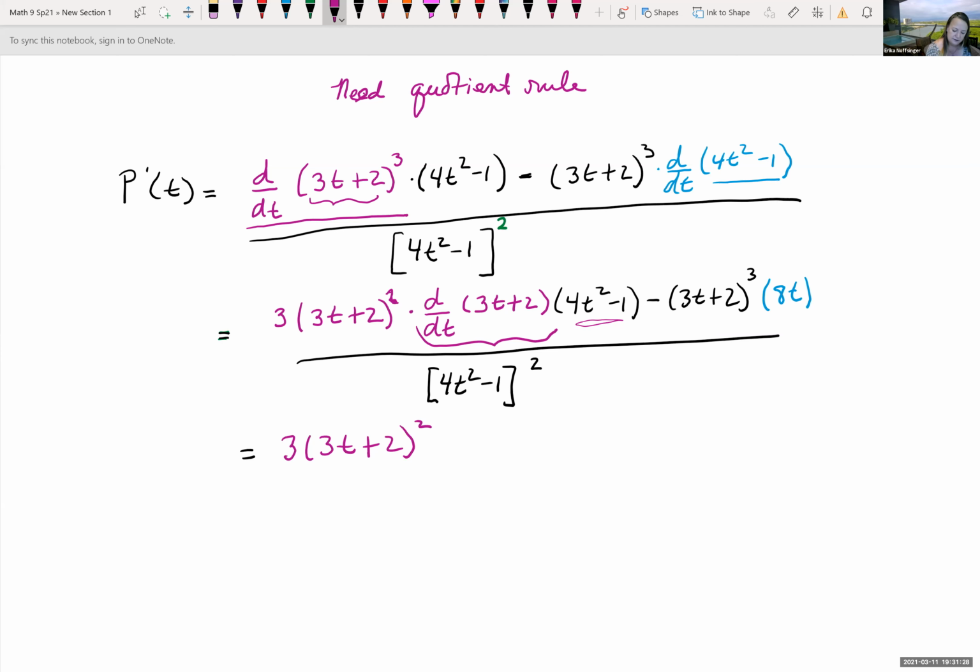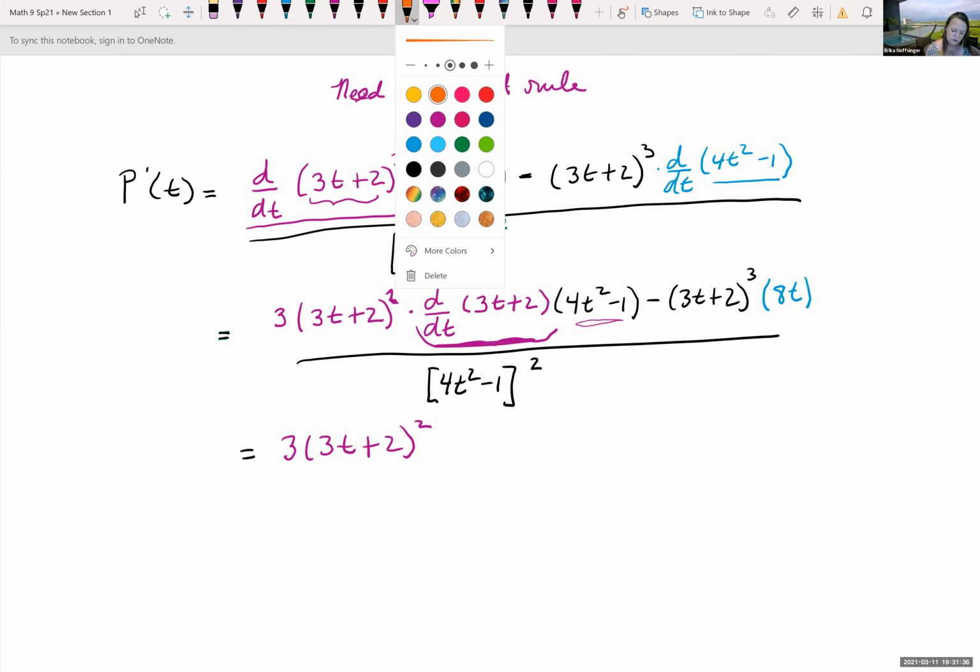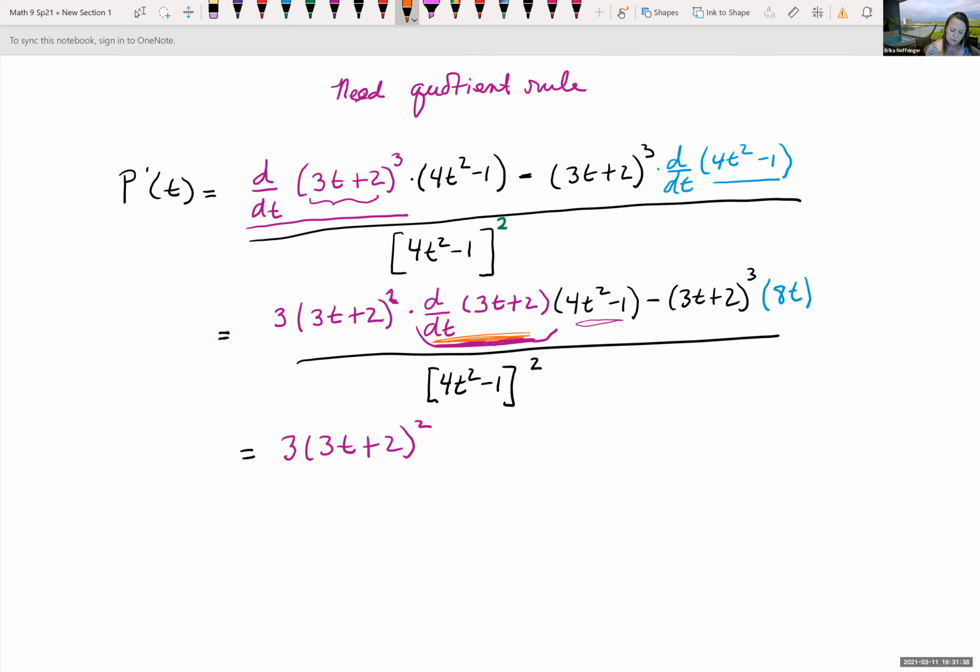Now the derivative of this inside piece, let me change the color. We take the derivative of that inside piece, derivative of 3t is just 3, and the derivative of a constant is 0, times the 4t squared minus 1, minus, I'm just going to bring that 8t out front.